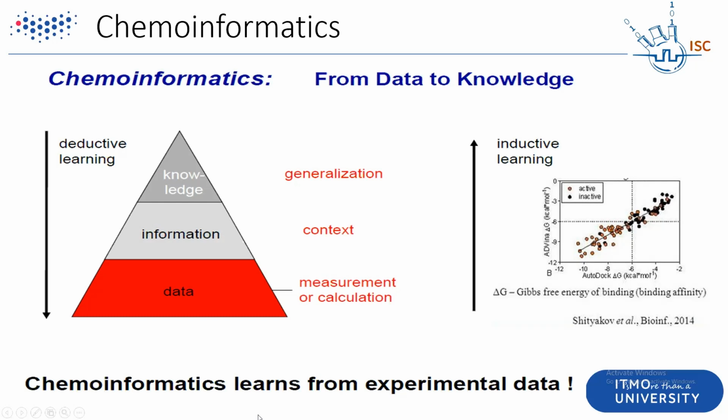Chemoinformatics learns from the experimental data. So experimental data usually is of vital importance to validate the chemoinformatics tools. Sometimes it's possible to generate the new tools, but again, some knowledge of experimental data is required, like the information on the mechanism.